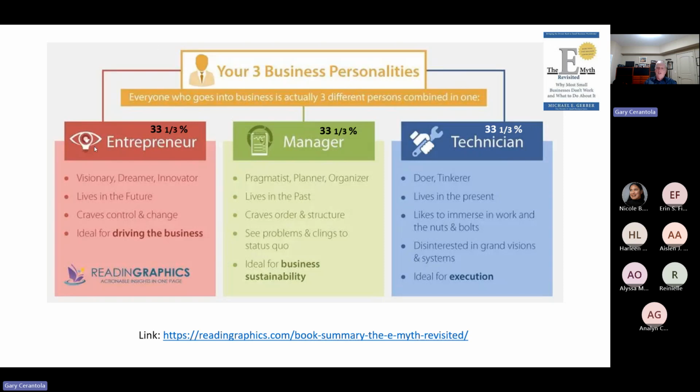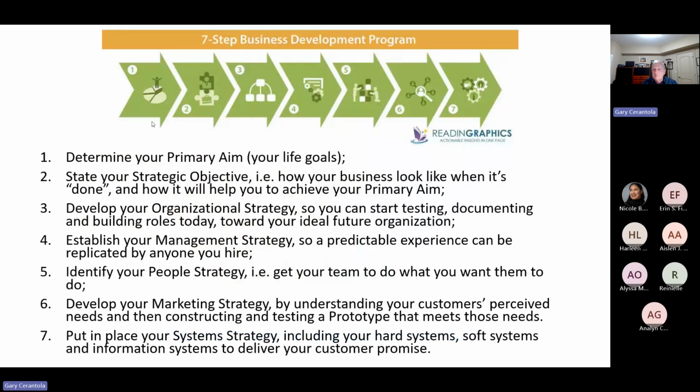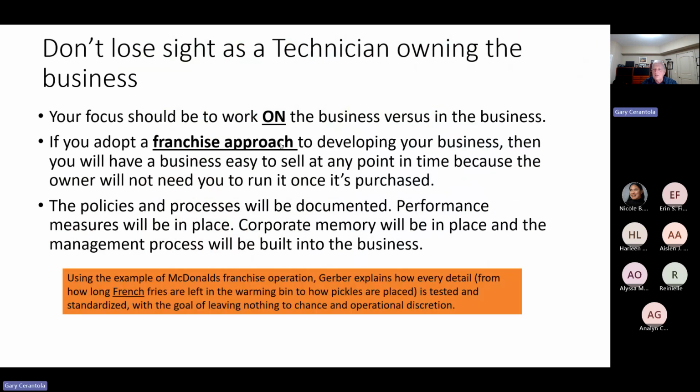And what he's saying is that you have to work on the business as much as you do in the business to be able to be sustainable. I mean, that's the whole crux of this piece. Okay. I'm not going to talk about that.